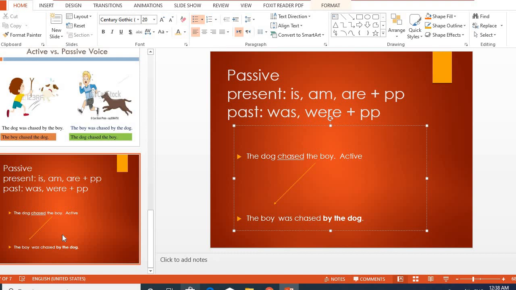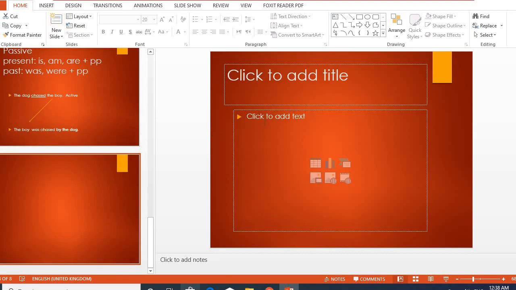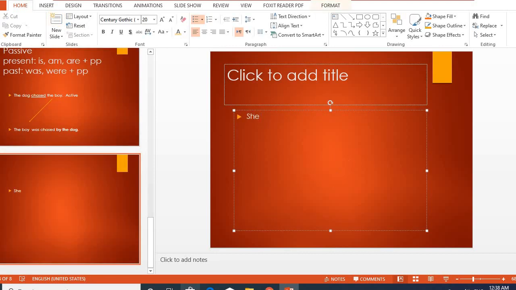Again and again and again. More examples. She teaches Spanish. Active sentence: subject, verb, object.